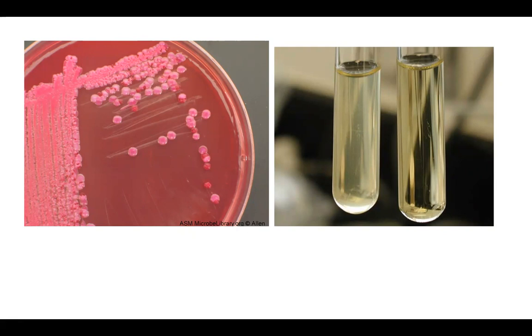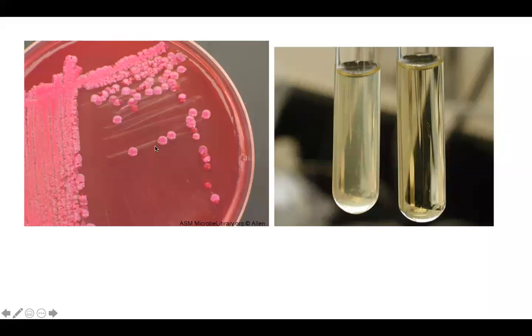We already know what this medium is. And you can see these circular pink growths. Those are what we refer to as colonies. So when colonies appear, we know that you have a positive growth of bacteria.